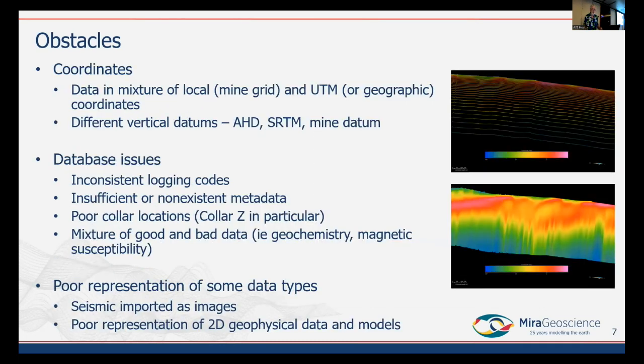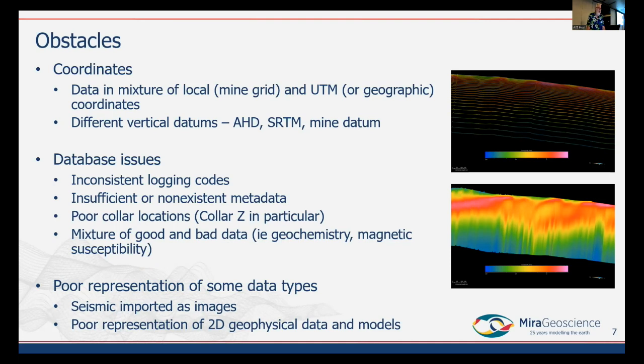So other obstacles, as Dale Harris mentioned at the start, are coordinates. You have data sets in a mixture of local mine grid coordinates and geographic or UTM coordinates. You might have different vertical datums. Depending on when your drill holes were drilled, they might be on one datum and later ones might be on another datum, all sorts of things like that.